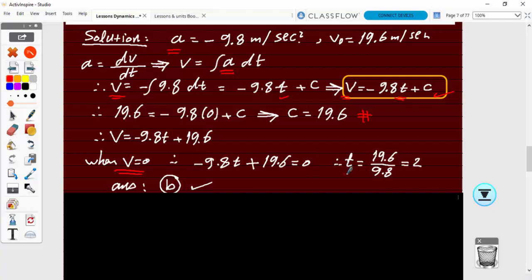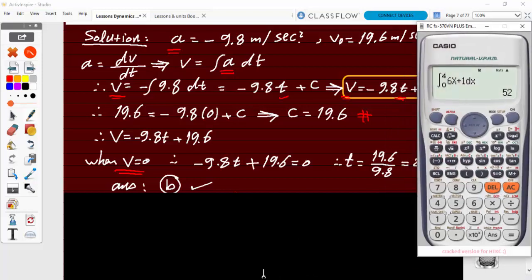It means t equals 19.6 divided by 9.8 equals 2 seconds. What does that mean? That means that the velocity will vanish after 2 seconds.